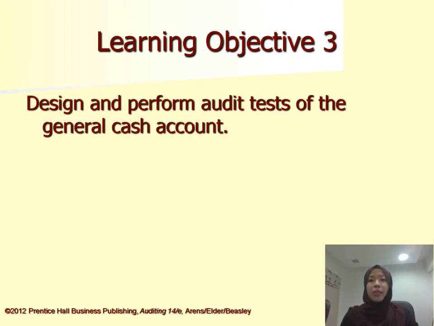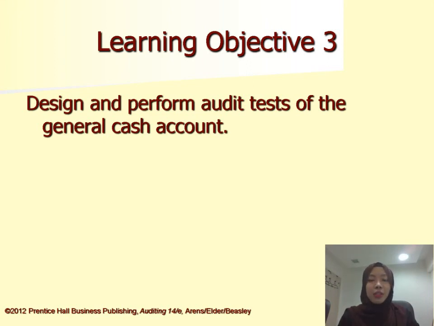In testing the year-end balance in the general cash account, the auditor must accumulate sufficient appropriate evidence to evaluate whether cash, as stated on the balance sheet, is fairly stated and properly disclosed in accordance with 5 of the 8 balance-related audit objectives used for all the tests of details of balance, such as existence, completeness, accuracy, cut-off, and detail tie-in.